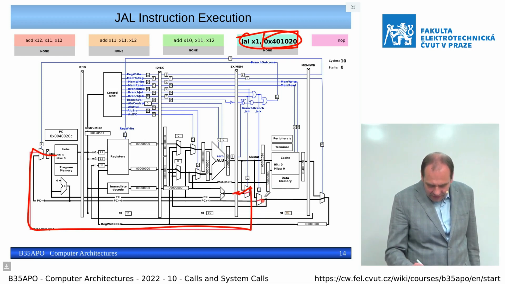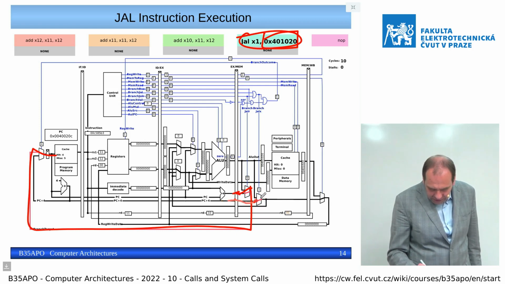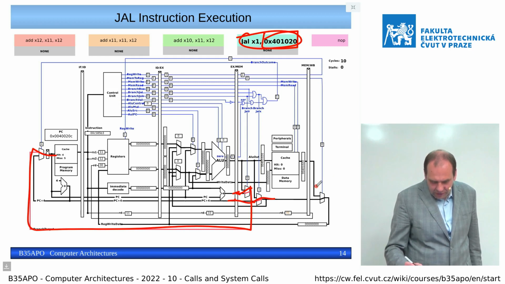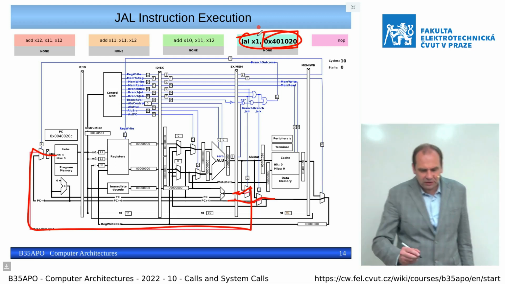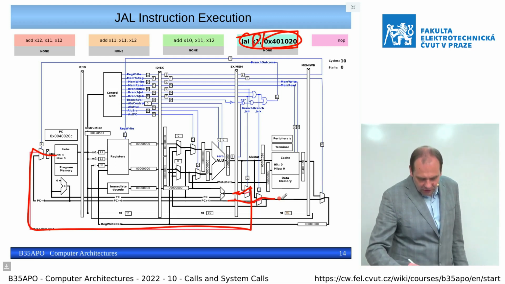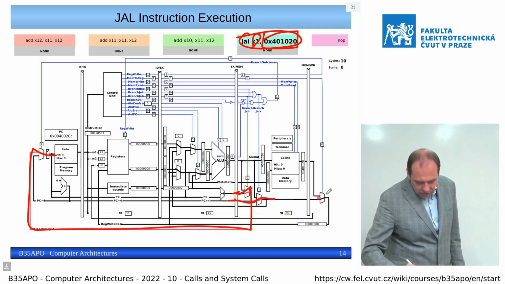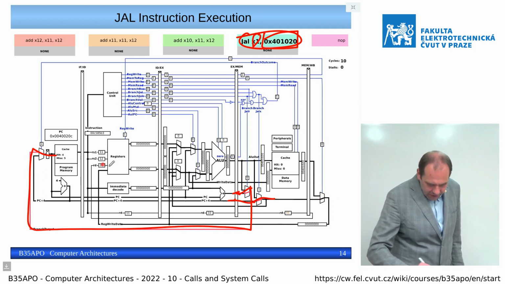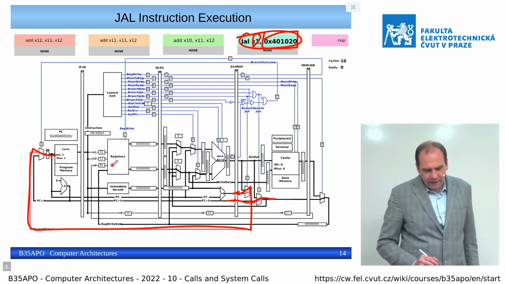And an important thing is that this additional multiplexer delivers the PC+4 address to the destination register, so to this X1 register. And in the next clock cycle it is provided and returns to the register file.